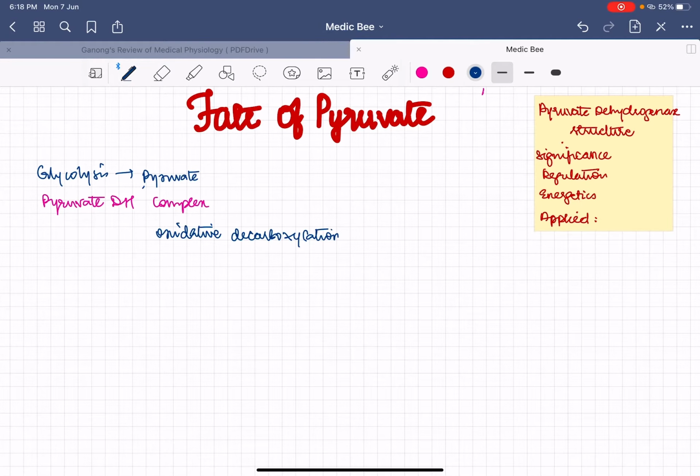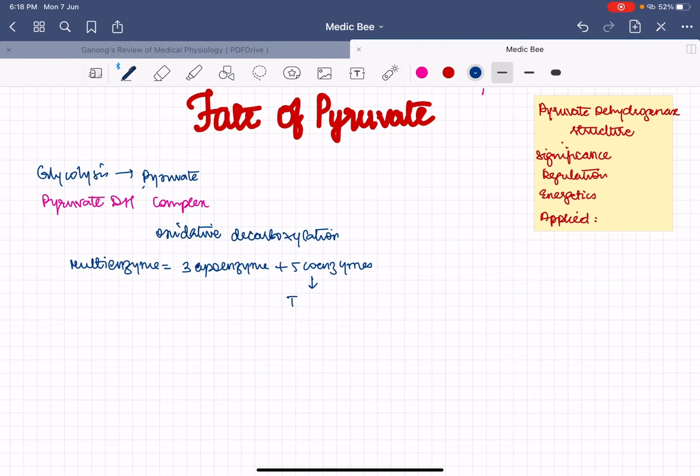This is a multi-enzyme complex, by which I mean that it is not just one enzyme. It is composed of 3 apoenzymes and 5 coenzymes. These coenzymes are derived mainly from vitamin B complexes.